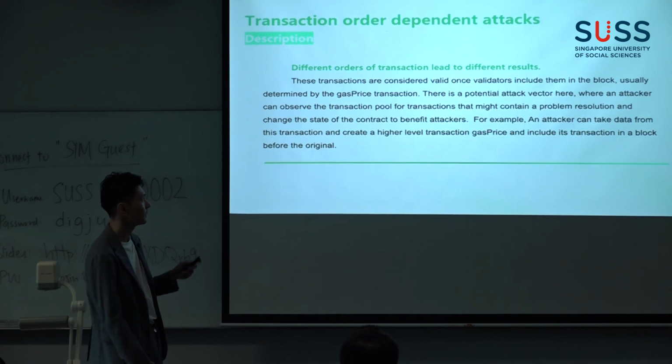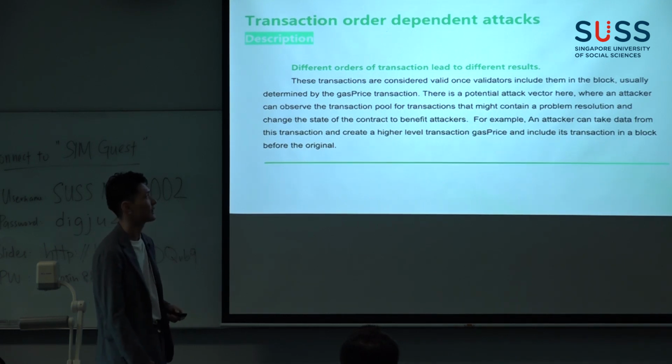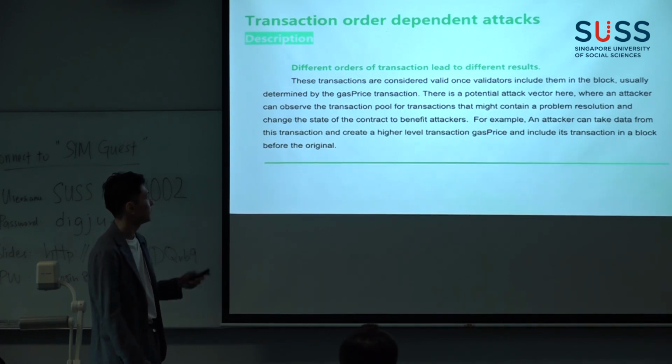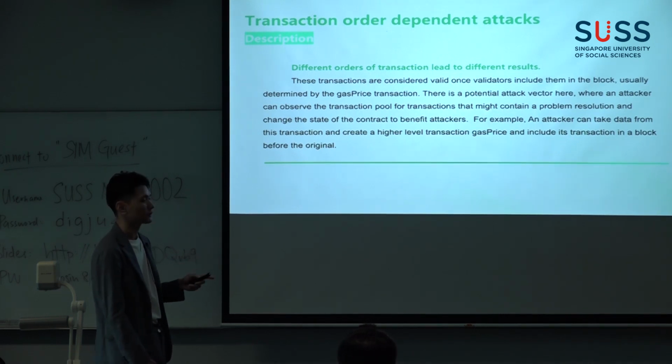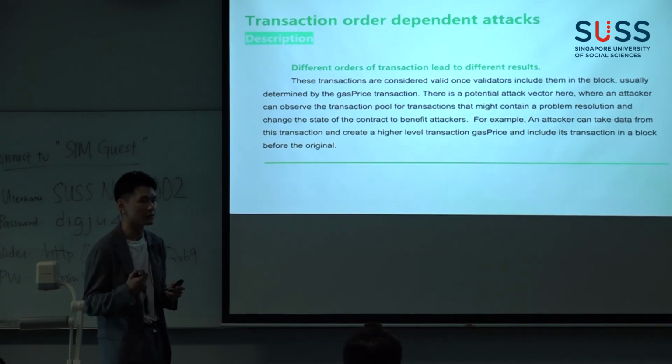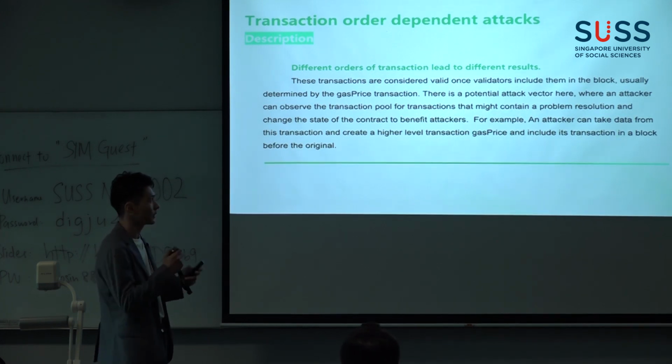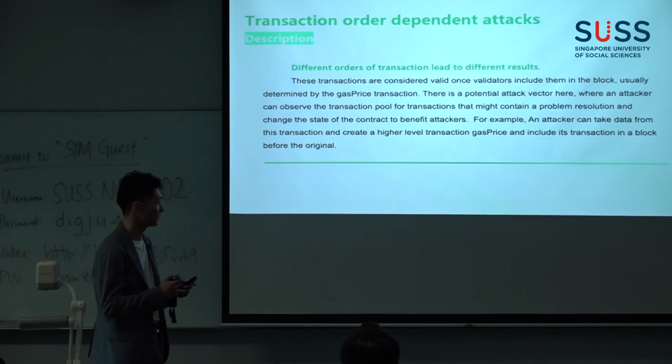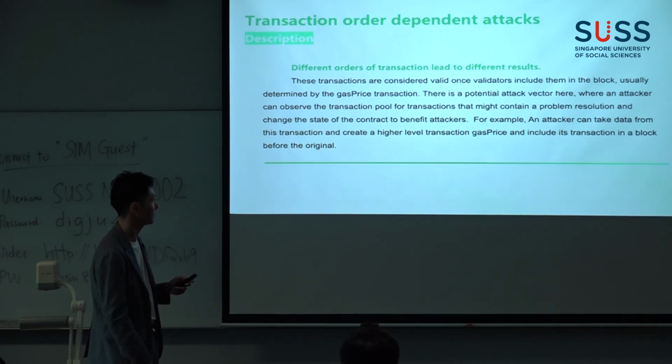But there's a potential attack vector here. If an attacker observes the transaction pool, or mempool, and sees a transaction that could benefit him somehow, he can copy this transaction, put a higher gas price, and have it included in the block before the original transaction.